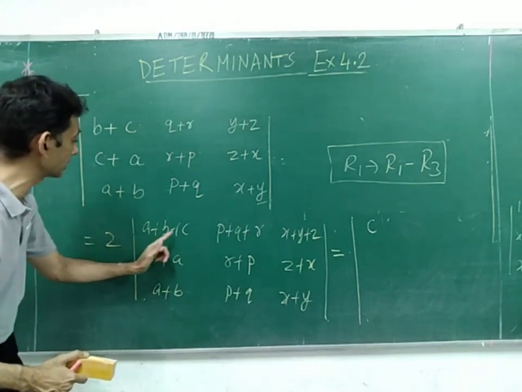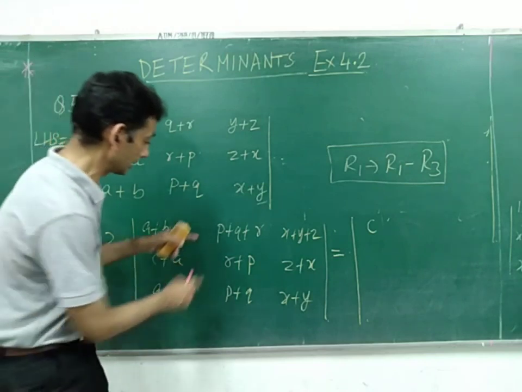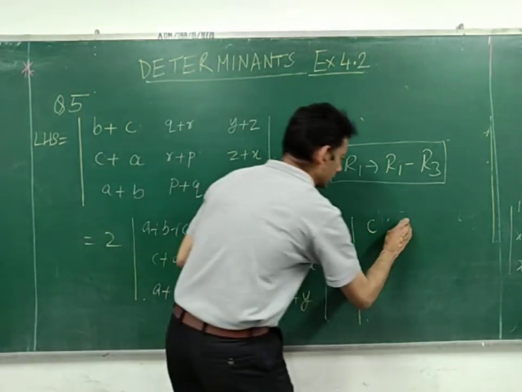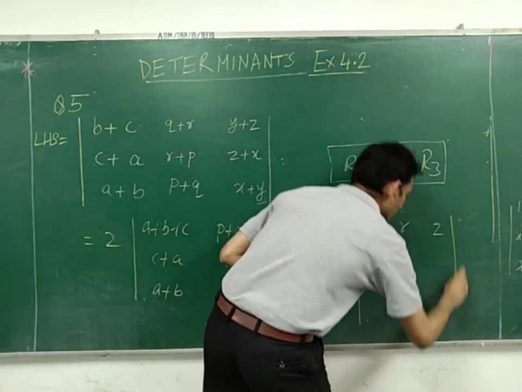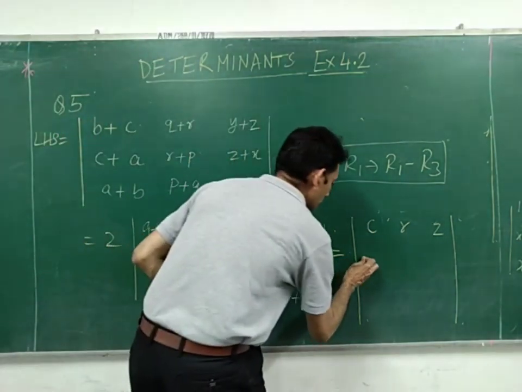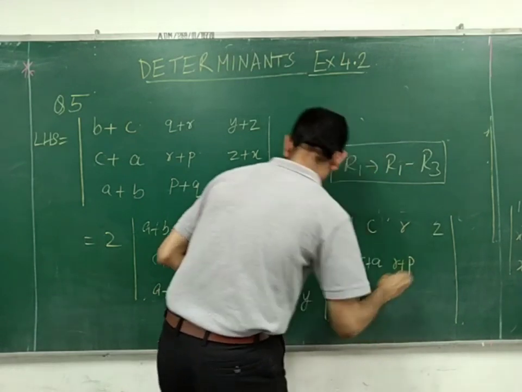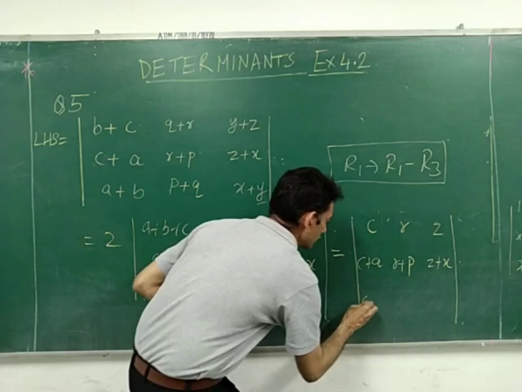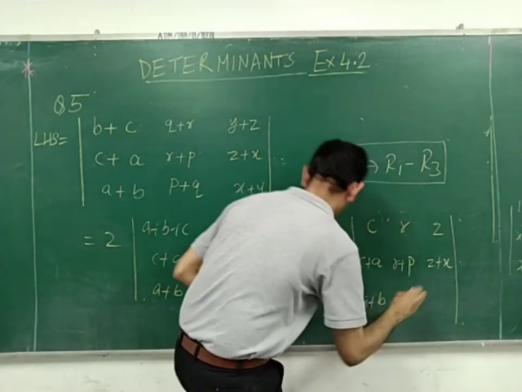If you subtract A plus B, it will get cancelled and you will get C. If you subtract, P and Q will cancel out and you get only R. Here X and Y cancel out and you get only Z. There is no change in row 2 and row 3. So this will be C plus A, R plus P, Z plus X, then A plus B, P plus Q, X plus Y.